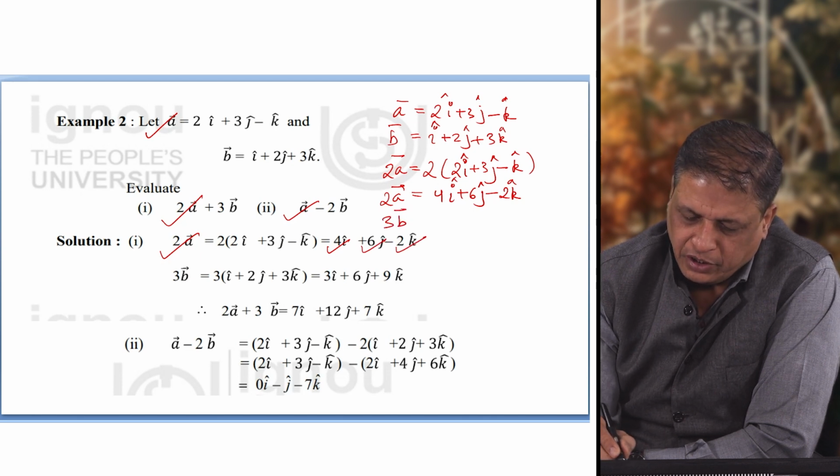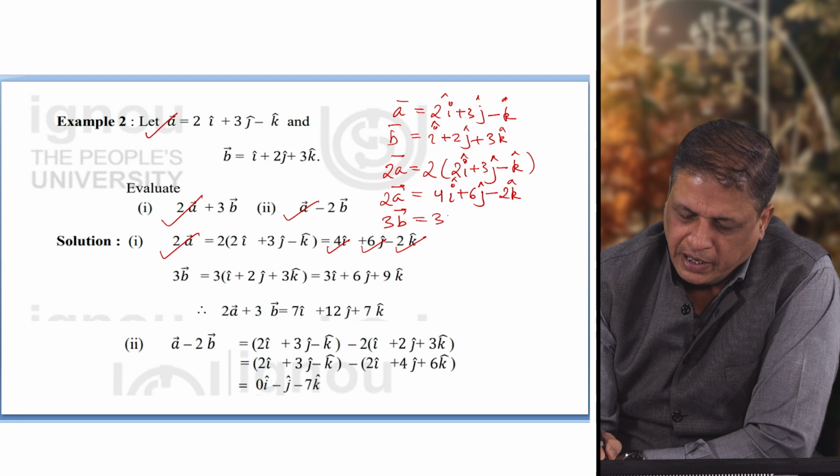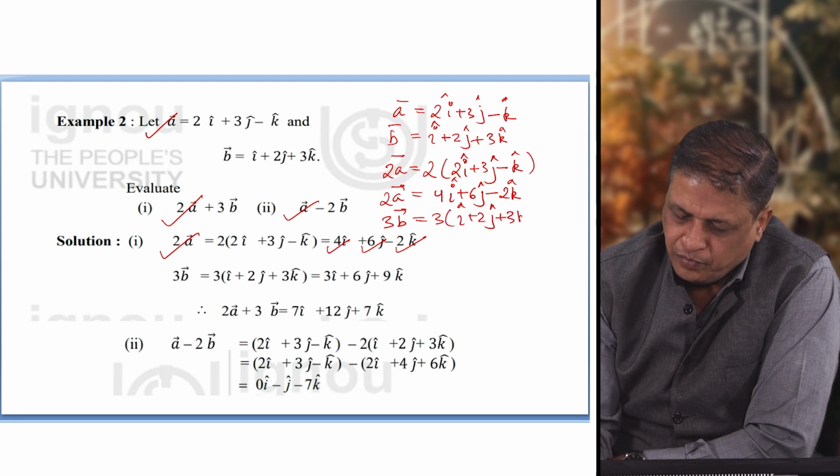Similarly, we can calculate 3B vector, which will be equal to 3 times i plus 2j plus 3k, that is 3i plus 6j plus 9k.